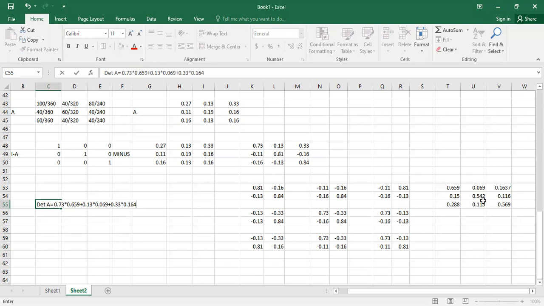Round this off to the nearest 3 decimals. What do you get? What's your determinant?